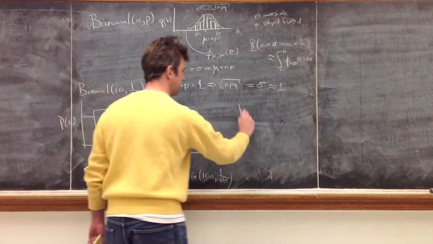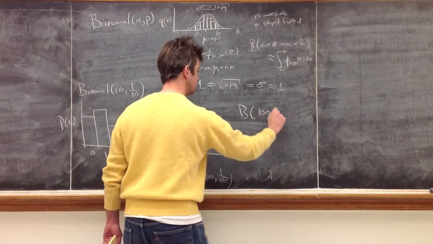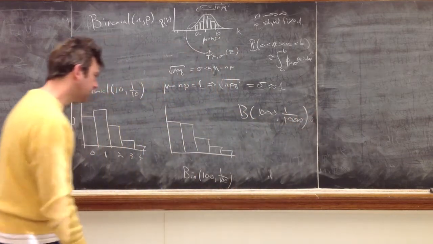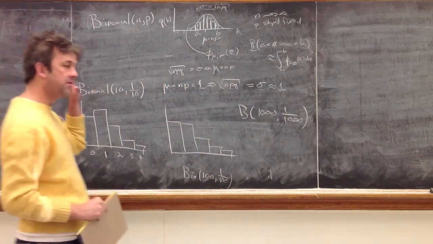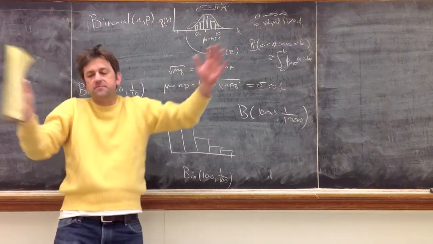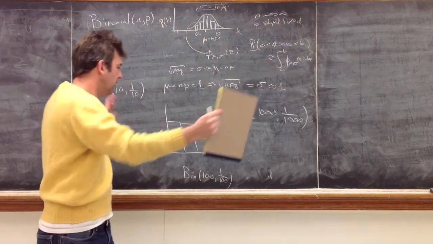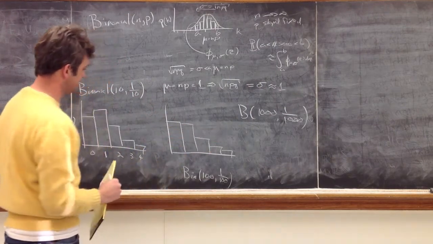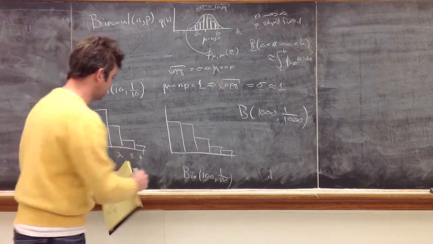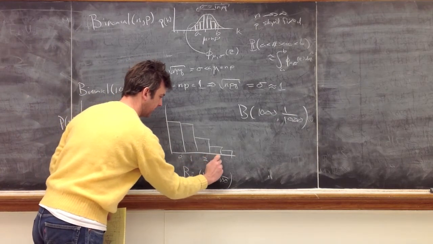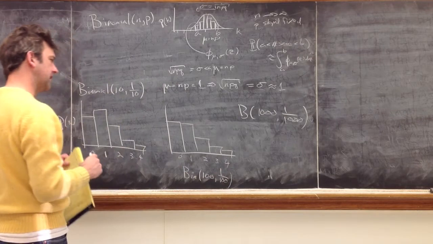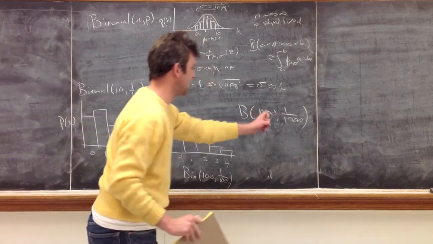So if we then looked at the binomial with 1,000 and 1 over 1,000, we would get a very similar picture. Before, remember, the mean was running off to infinity, the standard deviation was spreading out, and we had to renormalize things to pull it in, but here the picture looks pretty much the same, and it's staying very discrete.